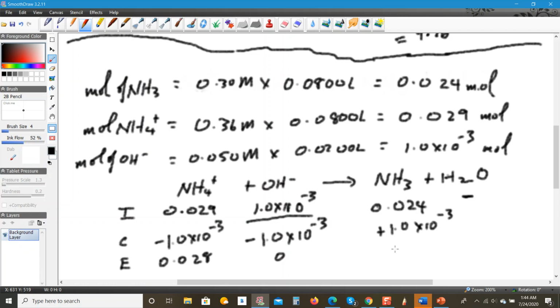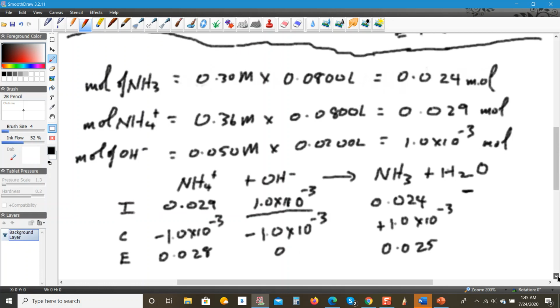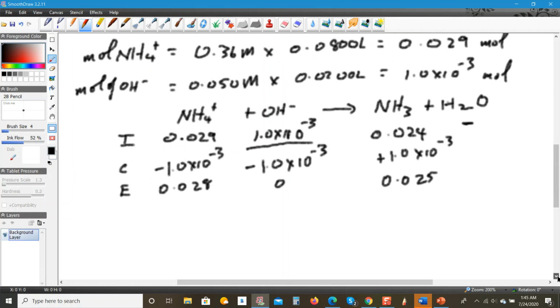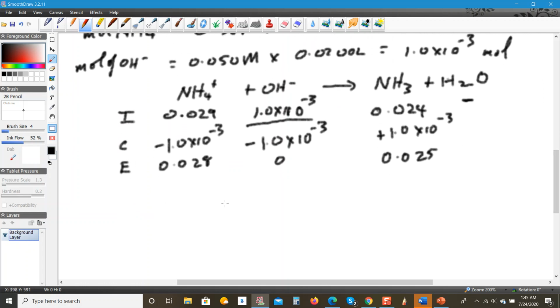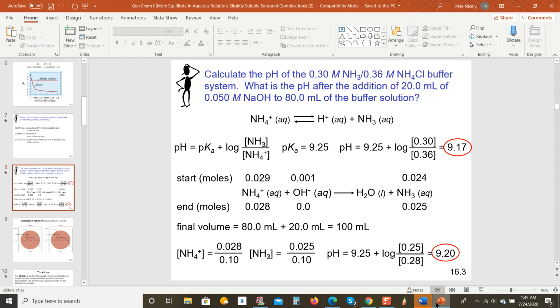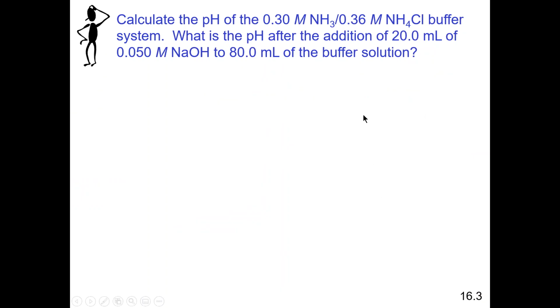So the concentration of ammonium is going to be the moles, which is 0.028. Now the question is, what's the volume? Now if you remember, let me go back to the question. The question says that you're adding 20 mL of sodium hydroxide to 80 mL of the buffer. So that makes it a total volume of 100 mL, right?